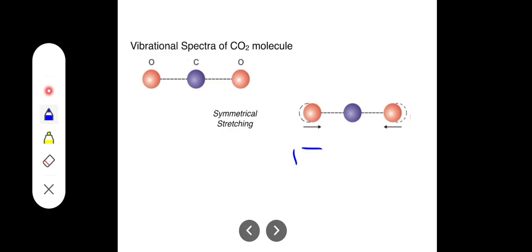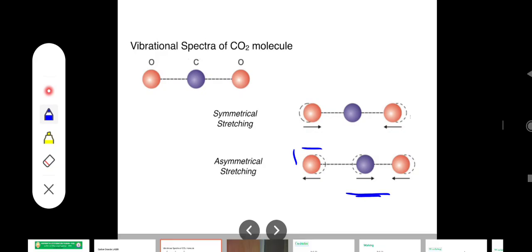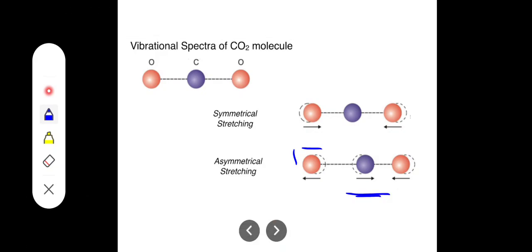Second one, asymmetric stretching mode of vibration. Both oxygen atoms and the carbon atom vibrate. The oxygen atoms move in one direction and the carbon atom vibrates in the opposite direction.